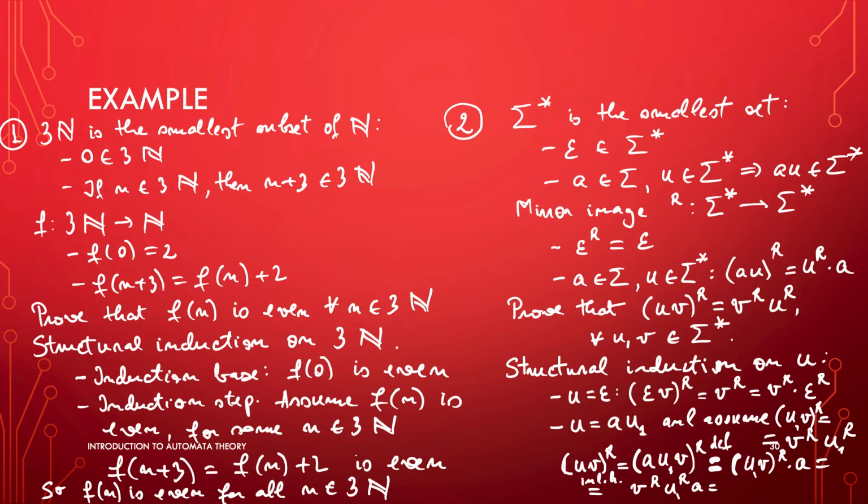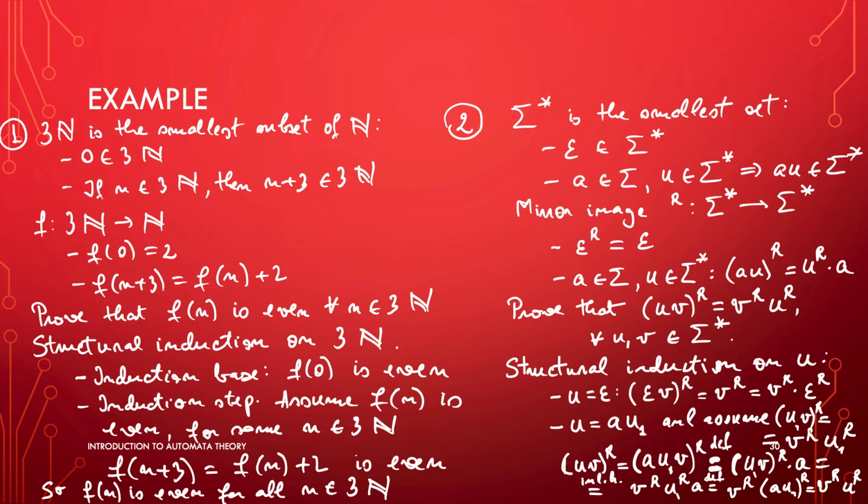And again, we are applying the definition of the reverse image, and we are observing that the second part, U1 reverse times A, is exactly the mirror image of A U1. And so that gives us that in the end we get the reverse image of V times the reverse image of U, which was exactly what the property is really saying.